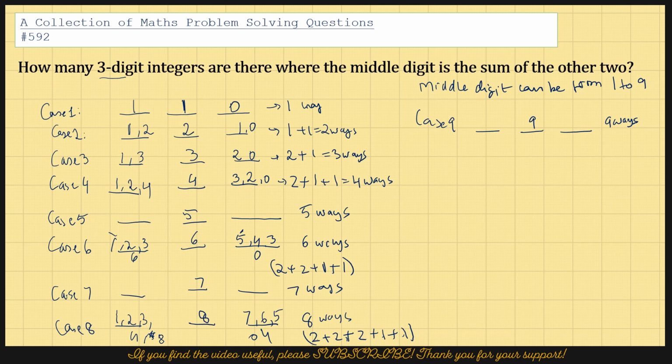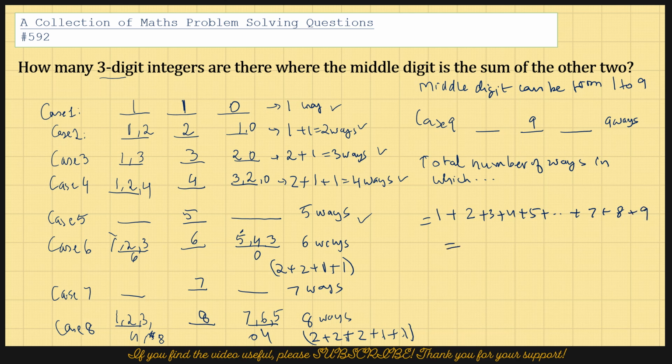So the total number of ways in which we could form these three-digit integers is the sum of all of this: 1 plus 2 plus 3 plus 4 plus 5 plus 6 plus 7 plus 8 plus 9, and that is nothing but 45. So the answer is 45.